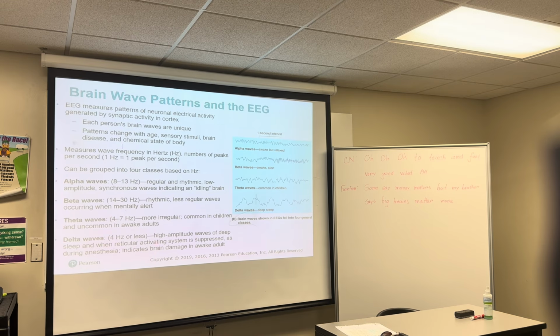What about the delta wave? High amplitude wave of deep sleep, when the reticular activating system is suppressed, as during anesthesia. It indicates brain damage in an awake adult. Okay, let me ask you one more time. Theta wave, do you see that in the adult? No, it is common in the children.